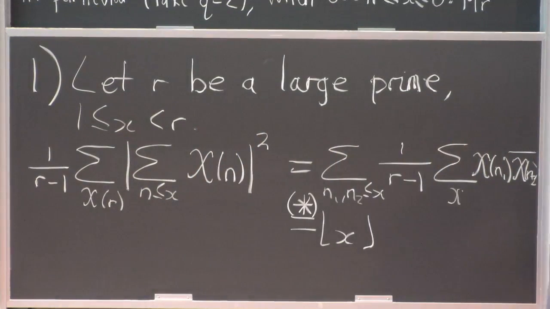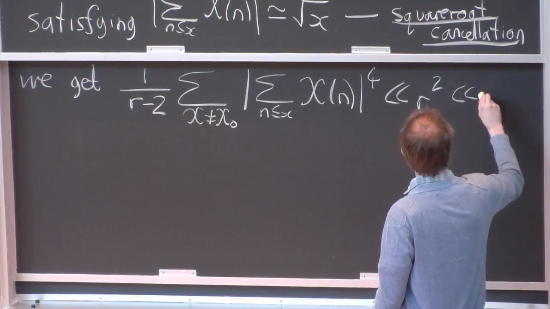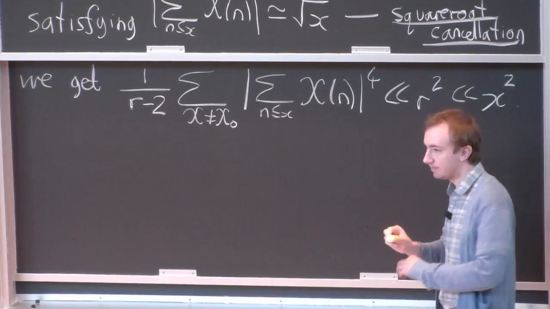So when x is like that, we get that the fourth moment is at most, well, it's at most r squared, but r and x are comparable in size, so that's the same as at most x squared.